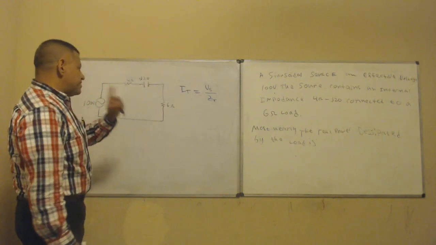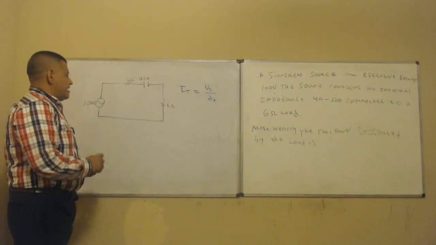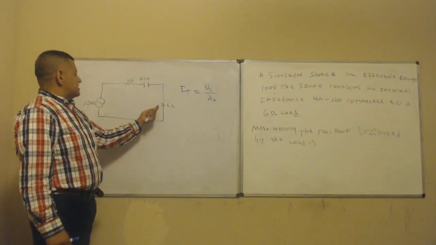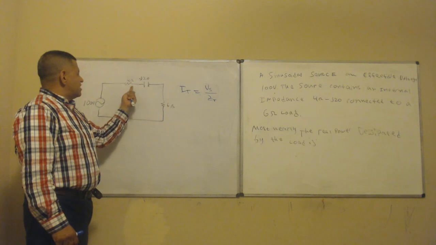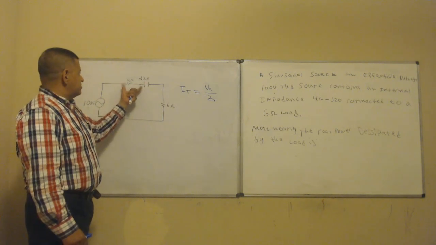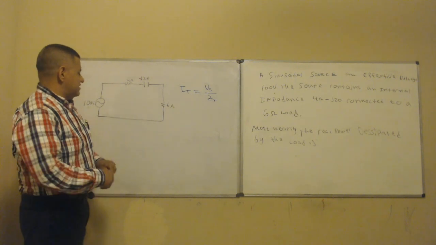So that is going to be the current. Now, how do we go about this? We know that these two can be combined. That is the only two that can be combined in the circuit. We cannot add that one.